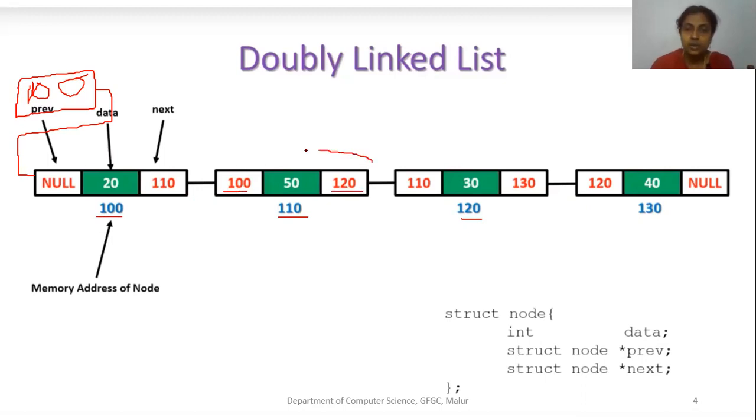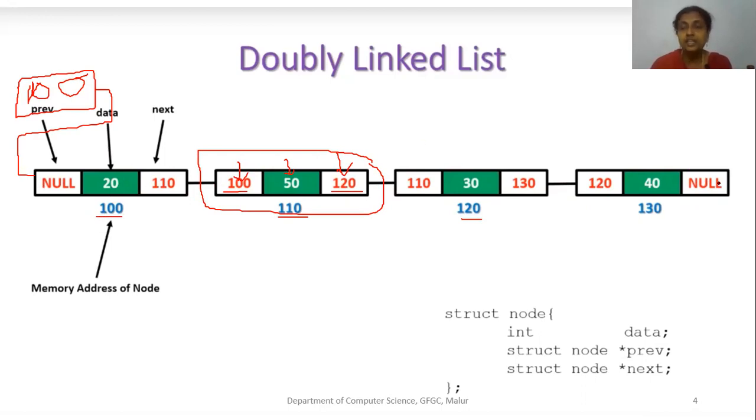So when you consider a double linked list, it will have the previous node address, data or info part, and also the next node address. So like this it will be designed. And one more thing: the first node's left part will be null.